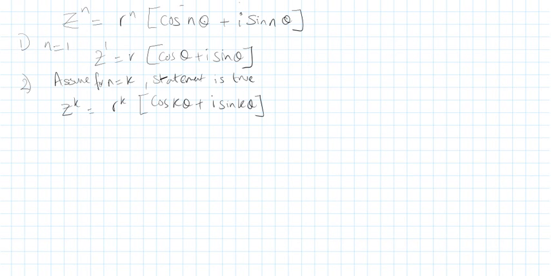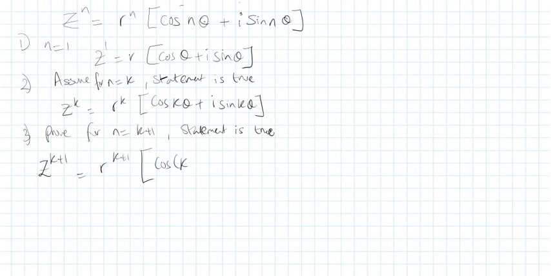And then we have to prove for n equal to k plus 1, the statement is true. Okay, that's the third step. So you'll see that the steps stay the same as the previous ones. So when n is k plus 1, then you get z to the power k plus 1 on the left is equal to r to the power of k plus 1, open bracket, cos, you replace the n by k plus 1, so cos (k plus 1) theta, plus i sine of (k plus 1) theta.